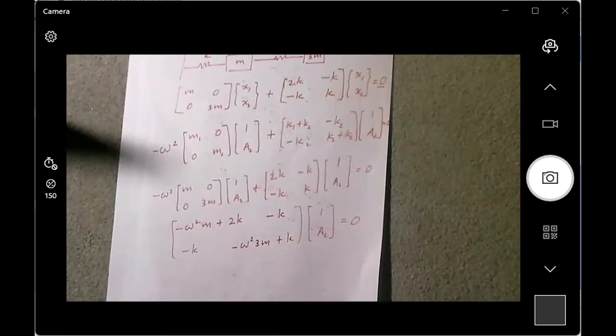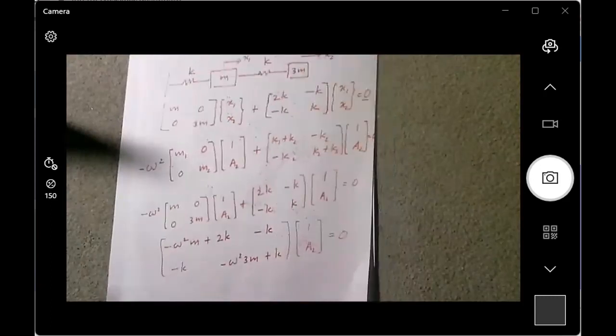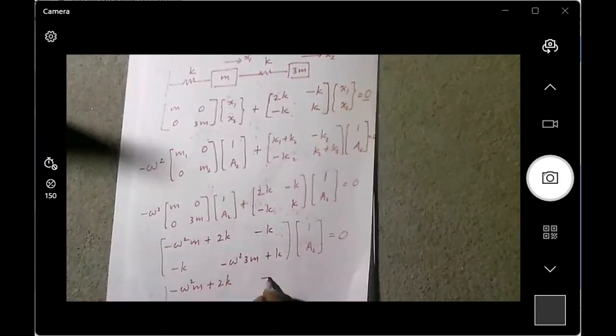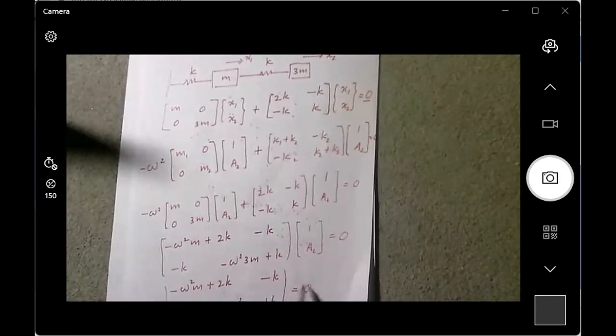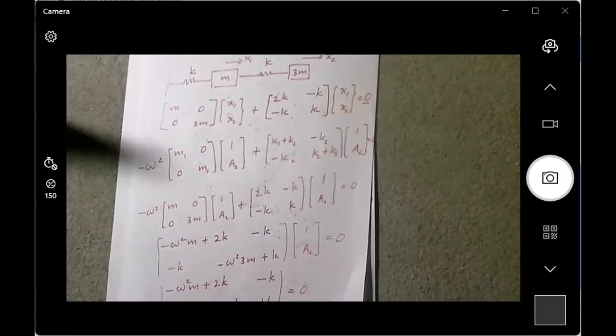Get a quadratic equation of omega, right? So to have solutions, the determinant should be 0. Omega squared m plus 2k, minus k minus k, omega squared 3m plus k. Determinant should be 0 to get non-trivial solutions.